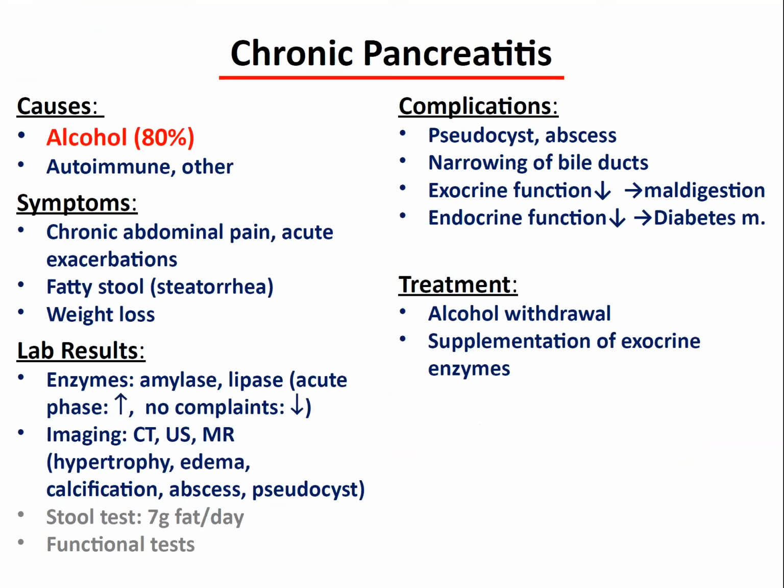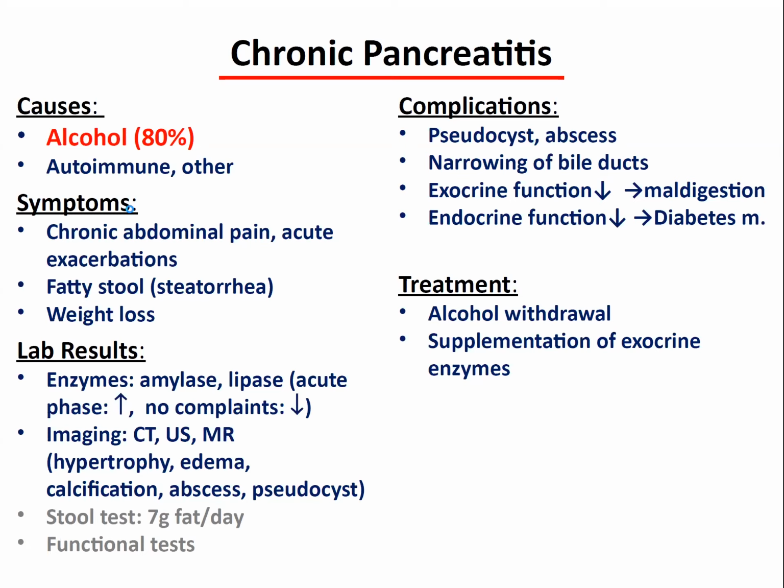Now, chronic pancreatitis can develop when we have repeated acute pancreatitis. It is most commonly due to alcoholism, because alcohol can cause repeated acute pancreatitis and later on, after two or three decades, causes chronic pancreatitis. But autoimmune disease is another large cause.